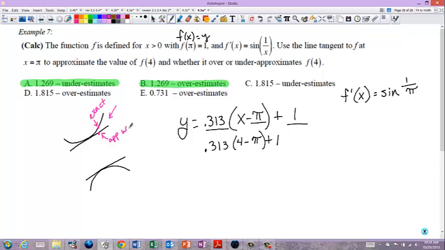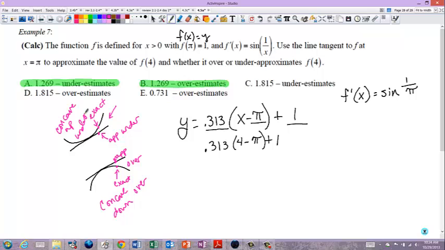This would be an underestimate. On this one, this is your approximation, and this is your exact. So this one would be an overestimate because it's higher. So if it's concave down, it's an overestimate. If it's concave up, it's an underestimate.